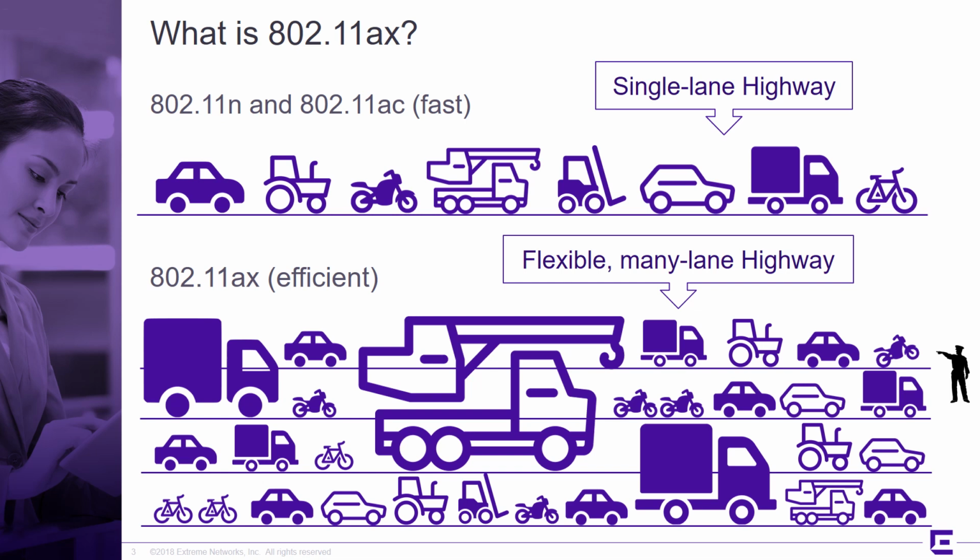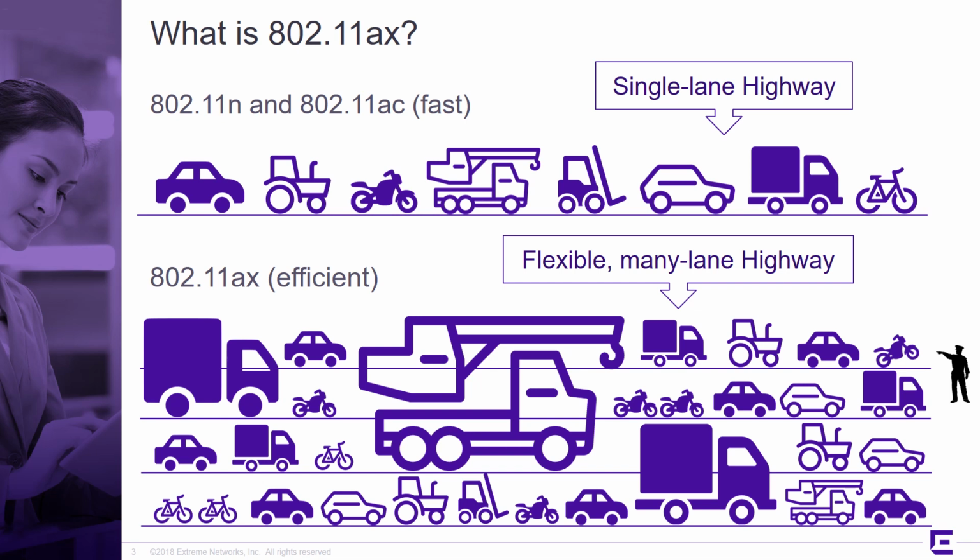On a 20 megahertz wide channel, an access point can have up to 9 simultaneous downlink and/or uplink transmissions as a maximum. I've only drawn 4 lanes here just for space on the slide, but the point is that the lanes can vary in width. These lanes are called resource units in 802.11ax terminology, and the width of these transmissions is determined by the access point, either for uplink or downlink.